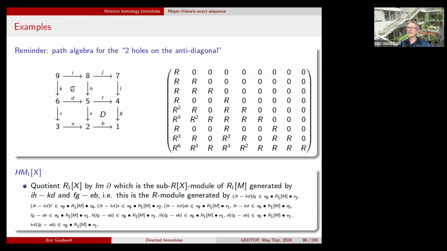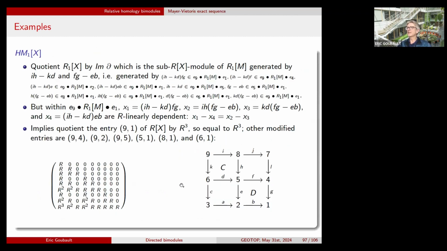One is generated by this cell C, so it's C times any dipath later, plus composition by some dipath after that, and anything which is pre-composed by some dipath. So you quotient this path algebra by the image of the boundaries of these two one-cube chains. And if you look closely at what it gives, as an R module it is going to be generated by all these elements. And if you make the calculation, you end up with this.